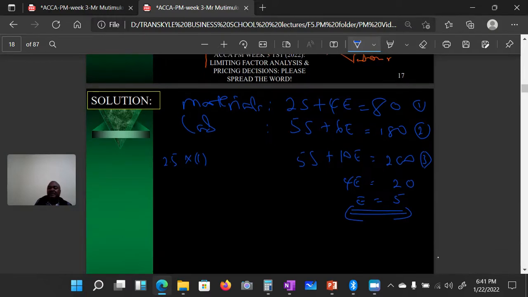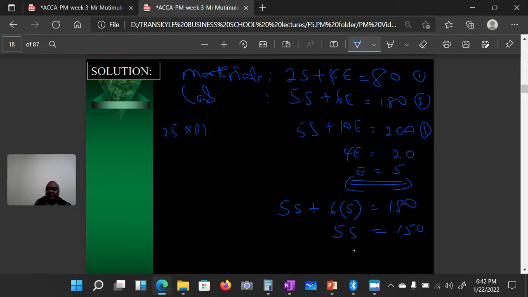Now, if e is equal to 5, then what is equation 2? Equation 2 becomes 5s plus 6 times 5 is equal to 180. So 5s is equal to 150, and s is equal to 30.